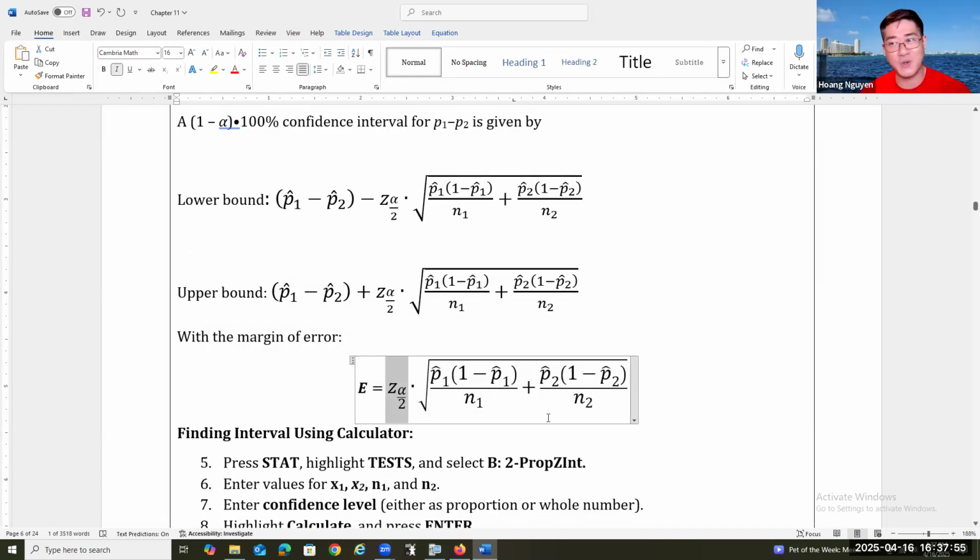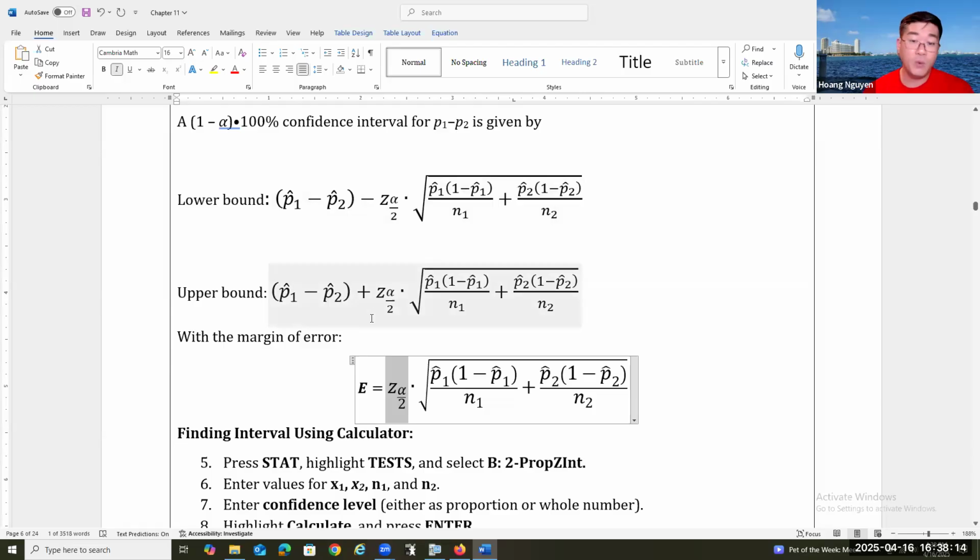We're gonna use the inverse norm. I can show this calculation one more time, or you might go back to chapter 9 and take a look at the critical value corresponding to the given confidence level. So that's the formula that can help you calculate the lower and upper bounds of the confidence interval.